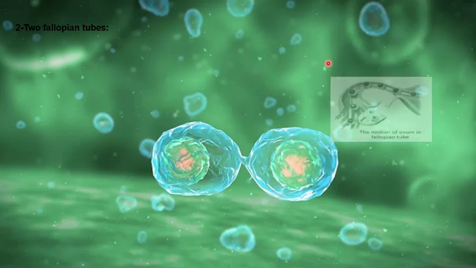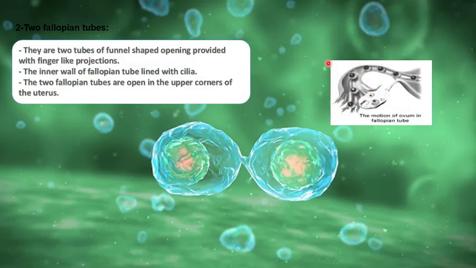2 fallopian tubes. They are 2 tubes of funnel-shaped opening provided with finger-like projections. The inner wall of the fallopian tube is lined with cilia. The 2 fallopian tubes open in the upper corners of the uterus.